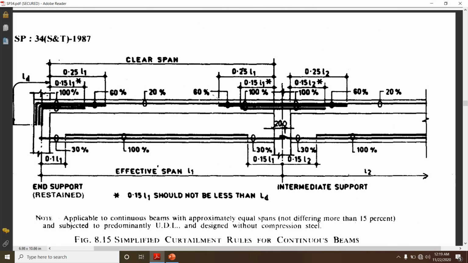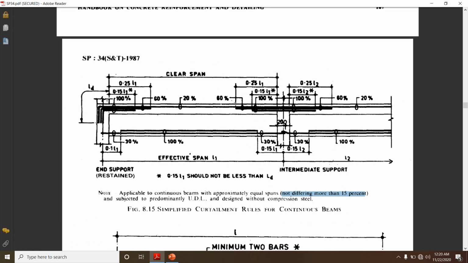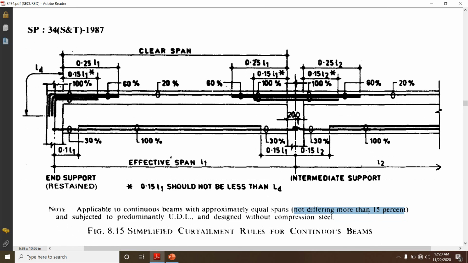The note also gives the same thing. This is applicable when the spans do not differ by more than 15%. In this way the detailing of the bars has to be done, that is curtailment, the simplified curtailment rules for continuous beams.